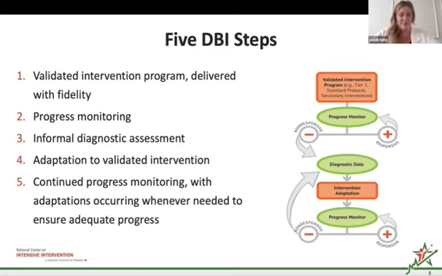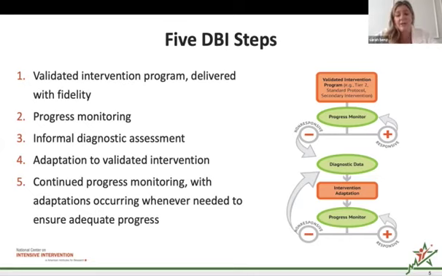We move on to step 3, where we collect diagnostic data to figure out why the student is not responding. And so again, these data may be formal, informal, but just giving us maybe start to develop a hypothesis as to why a student isn't responding. In step 4, we go to the intervention adaptation.